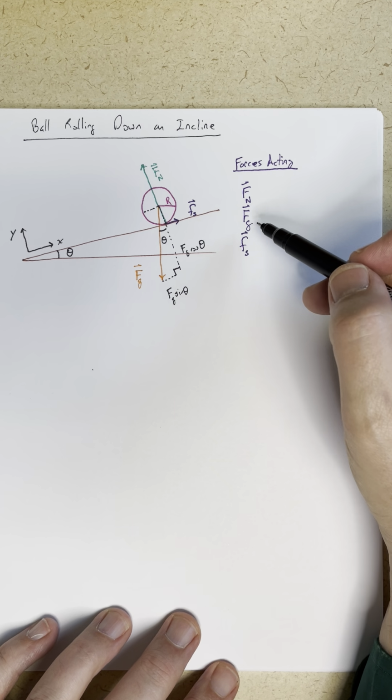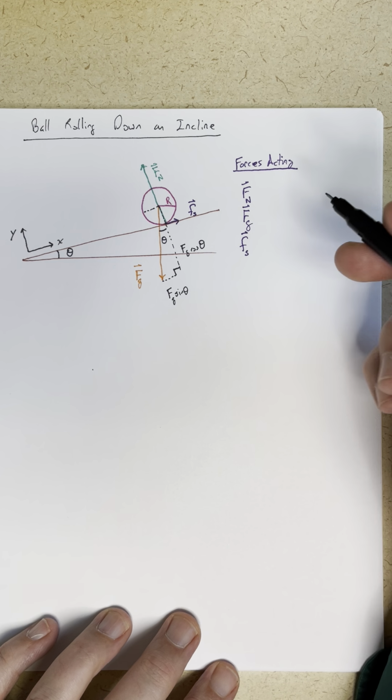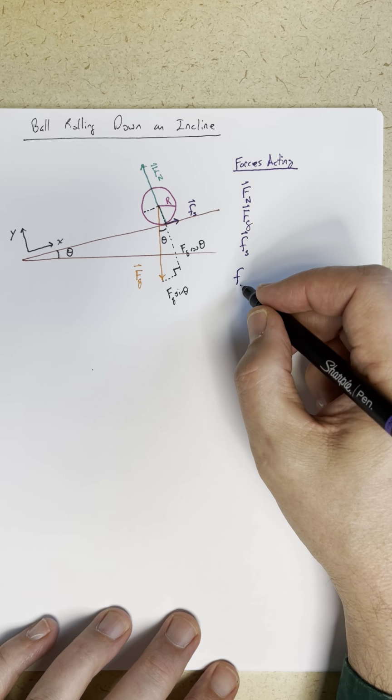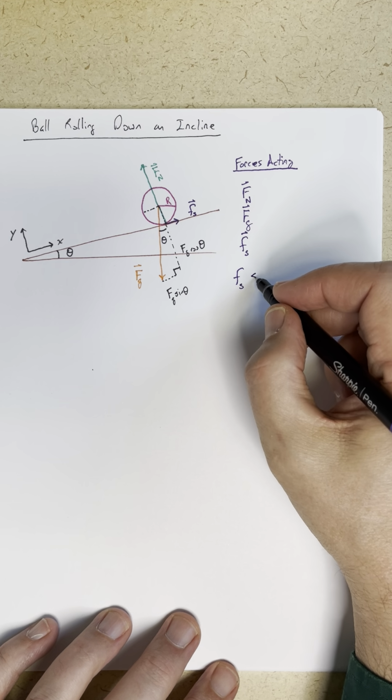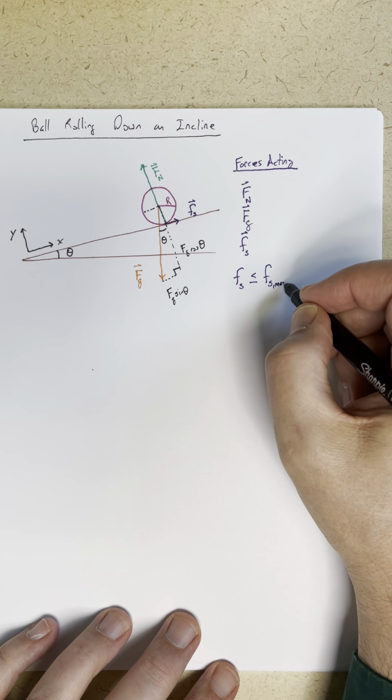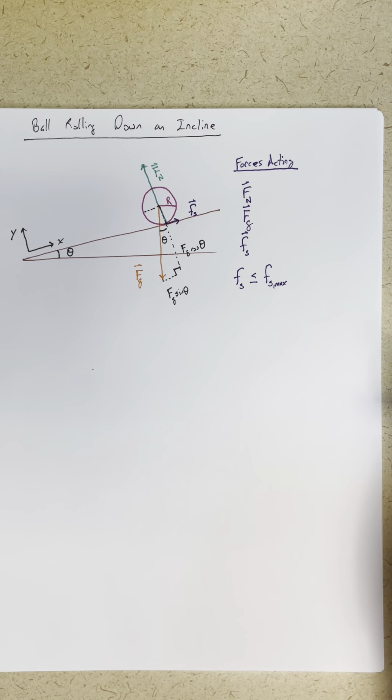So there's a normal force, gravity, and a force of static friction. And we know, since it's rolling, that this force of static friction is less than or equal to the maximum magnitude it can take.